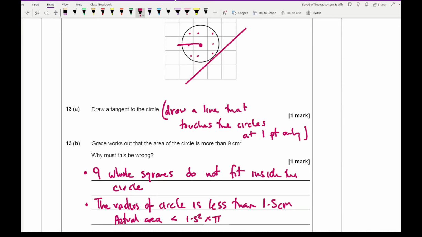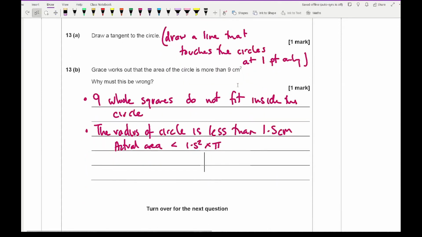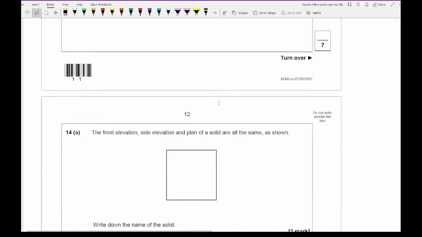And if I work that out on the calculator, 1.5 squared times pi gives me an answer of 7.06. So the actual area is going to be less than 7.07 centimeters squared. So any of those definitions will be absolutely fine to get the marks.